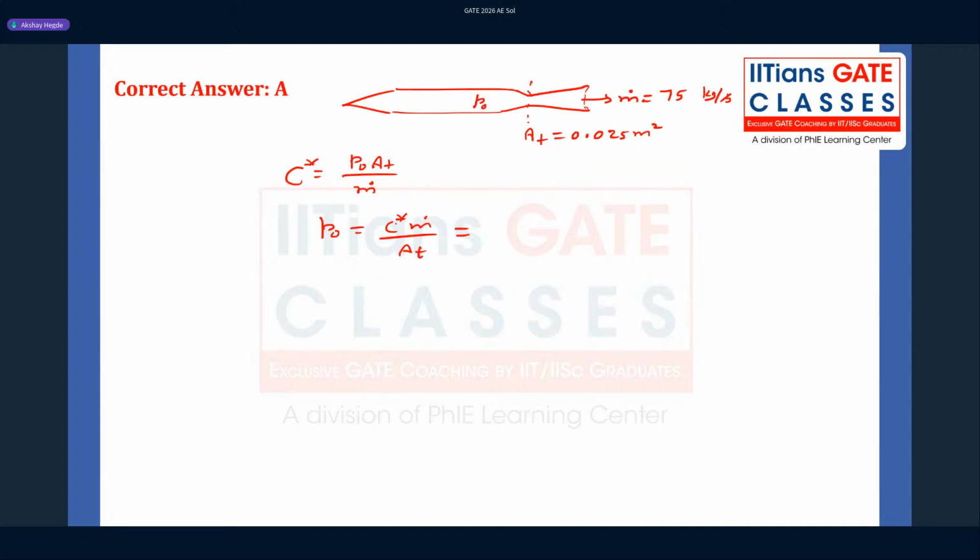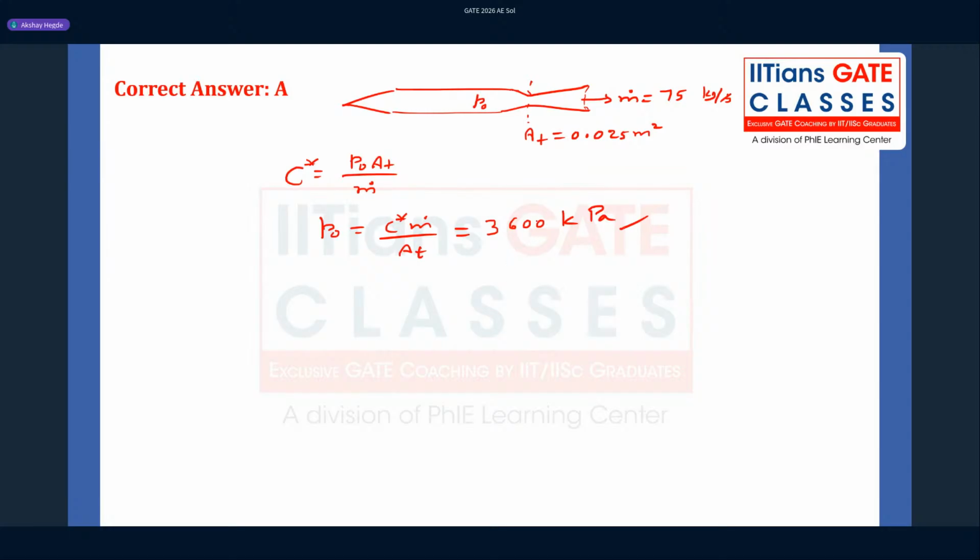C star is given to me, that is 1200, mass flow rate is 75, and AT is also given to us. So this should give me P naught to be around 3600 kilopascal. So that's one part of the solution.